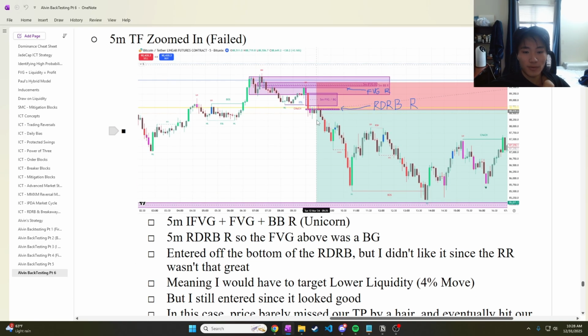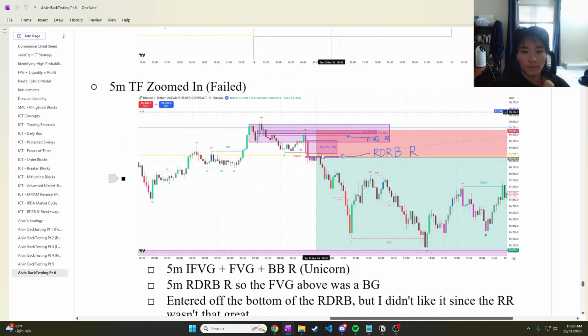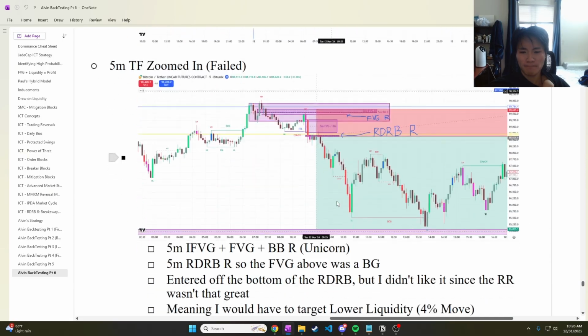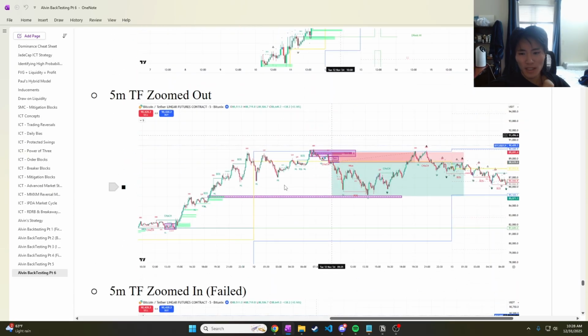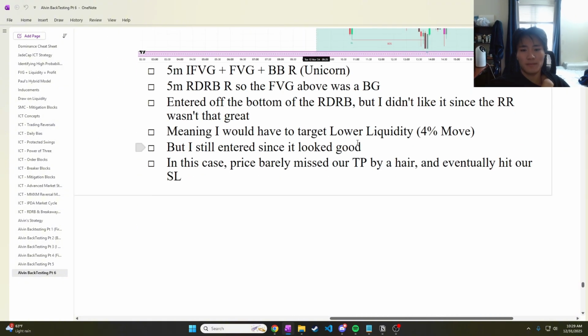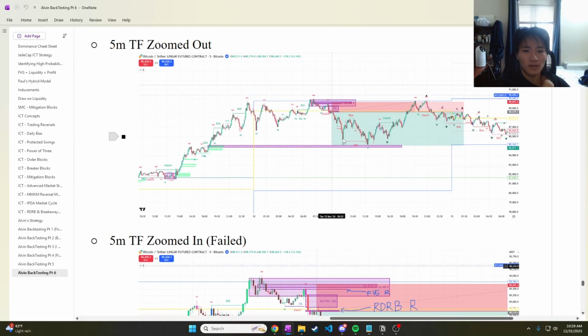So this was a 4% move, which is kind of a lot for this setup, but it did still look good. I think this was a 1 to 3, right? A potential 1 to 3. I remember it was a 1 to 3.2, and then this would have been 1 to 3.